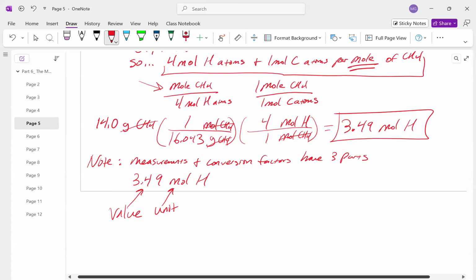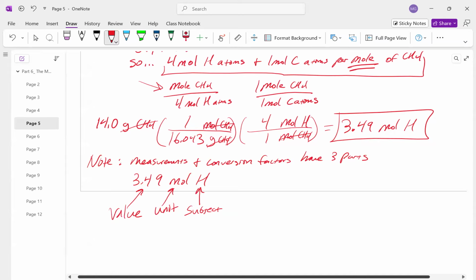And a lot of times those two things are not complete. As I said before, if you have 3.49 moles, what are you talking about? So at the end, you need to specify, I'm talking here about hydrogen. So that last part is what I call the subject or the object that you're talking about.